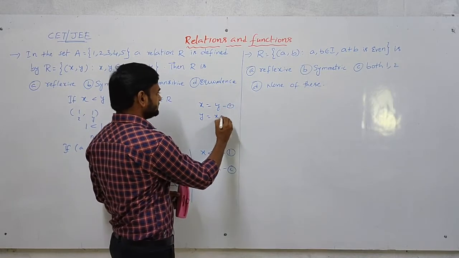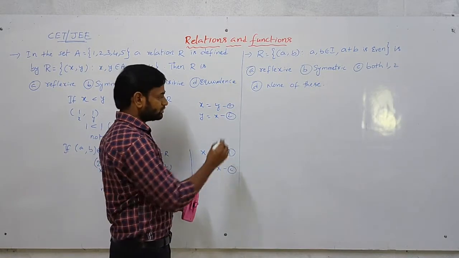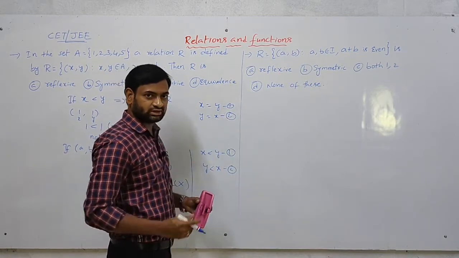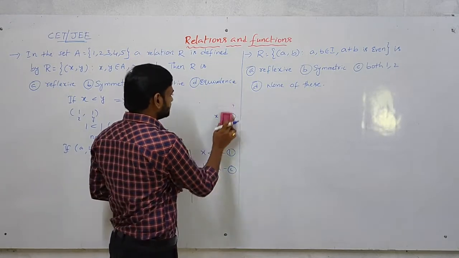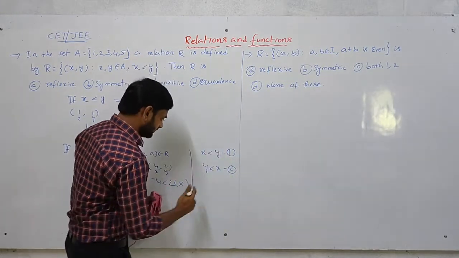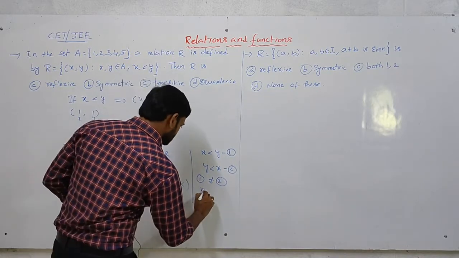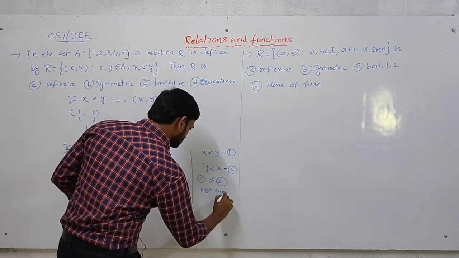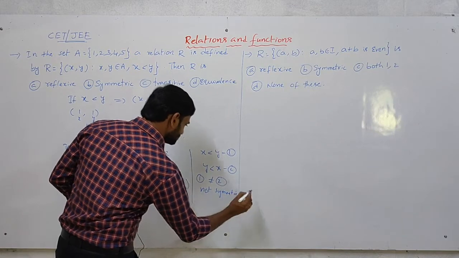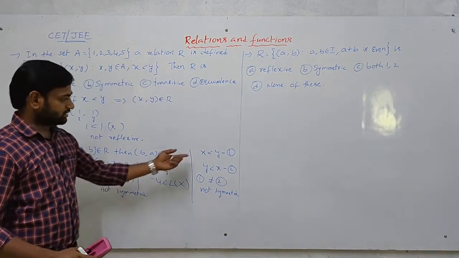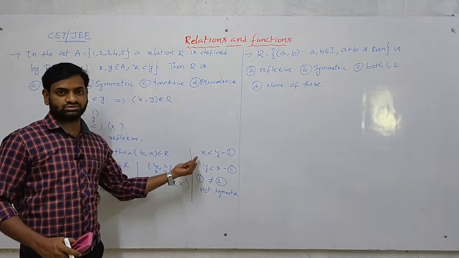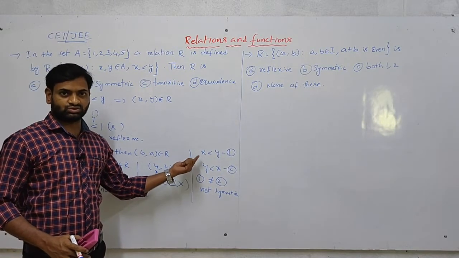When both are the same, we can say it is symmetric. Here both are not the same, so not symmetric. This is another way, and it is better to use it to save time.